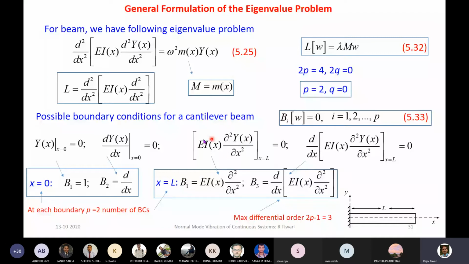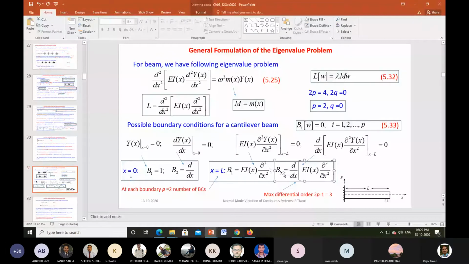So here, this will be B1. B1 is the second order differentiation. B2 is what? This should be B2. And this should be an ordinary differential equation.